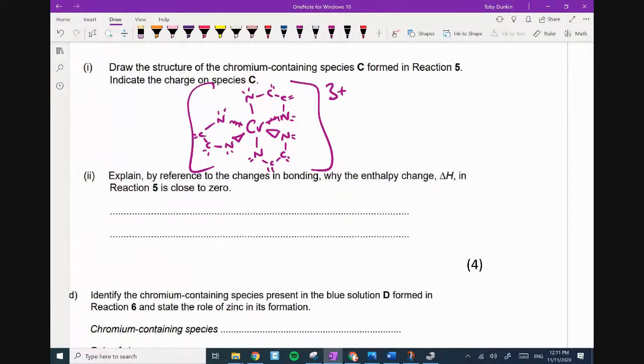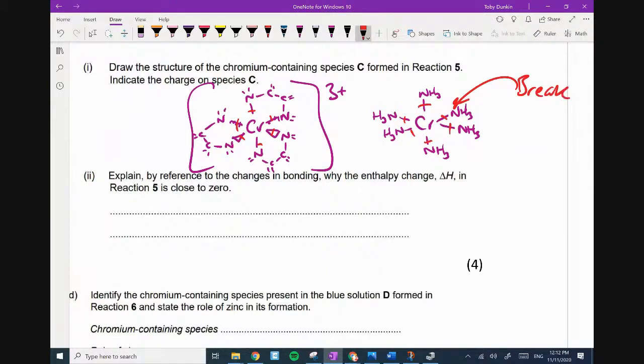The reason is we went from this complex where we had ammonia bound, NH3, NH3. We're breaking and making the same bond, because the bond we're breaking is the chromium-nitrogen bond. So that bond, that bond, that bond, we're breaking, and these ones are being made, and they're exactly the same.